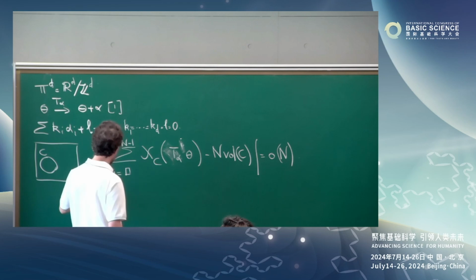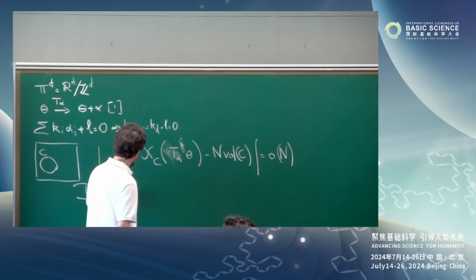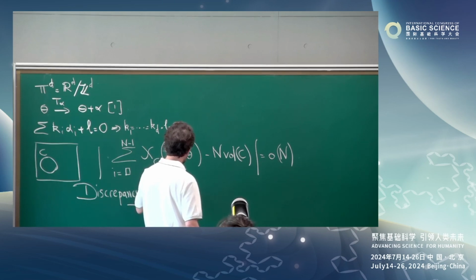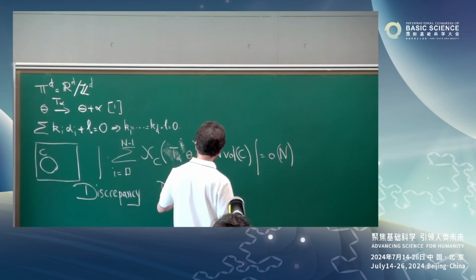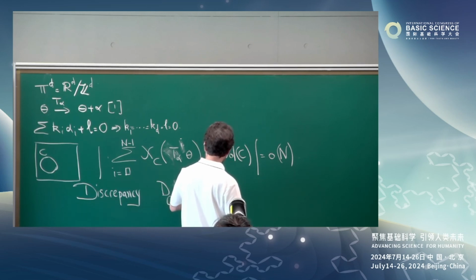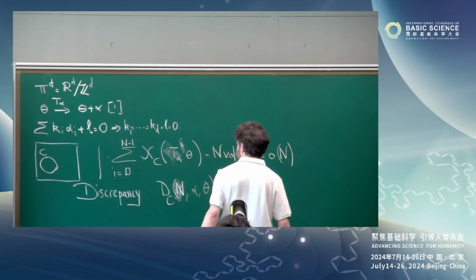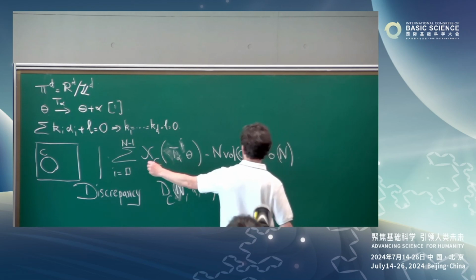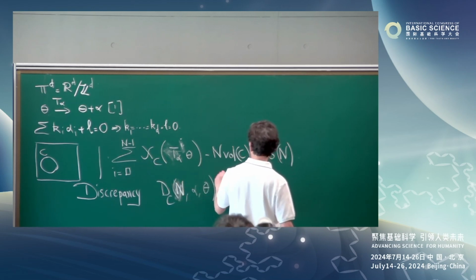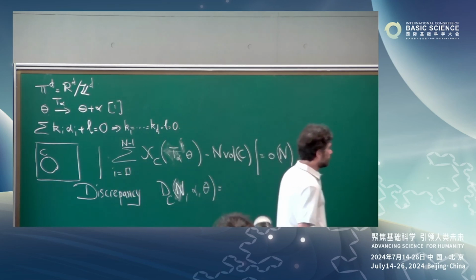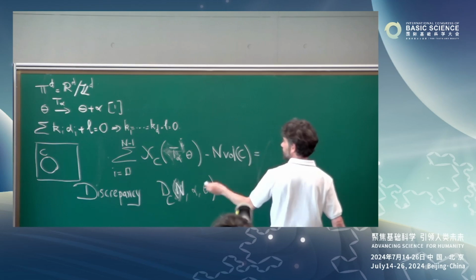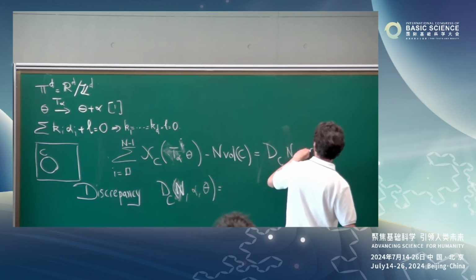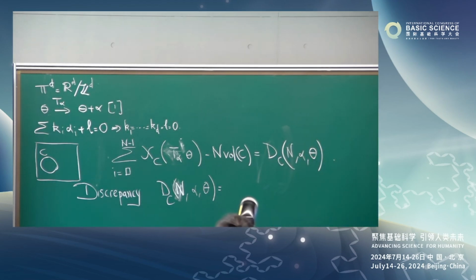And what you're interested in is to understand the discrepancy, which is D_C(n, alpha), this sum minus n times the measure of C. We call this the discrepancy. And you want to know how the discrepancy behaves.